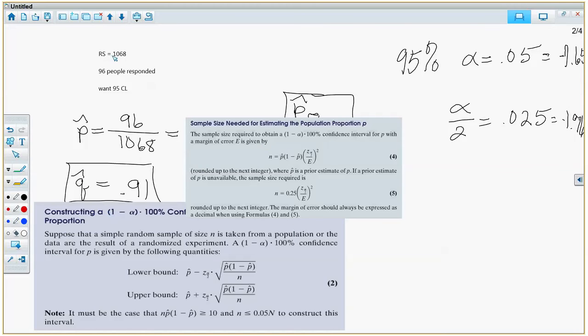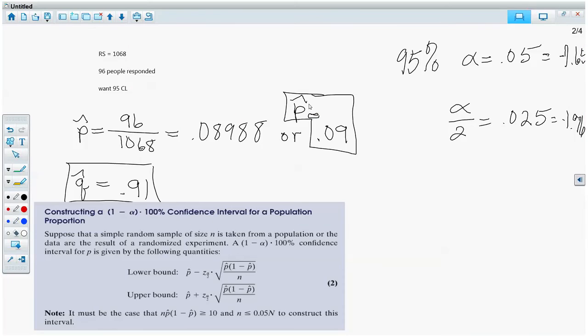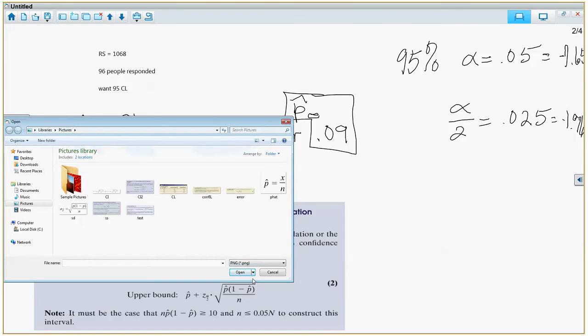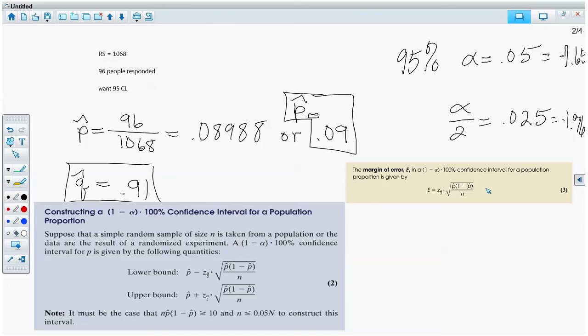No, that's not it. Okay. Yeah, that's what it would be. I didn't even look at the bottom. There. You can just use that formula.